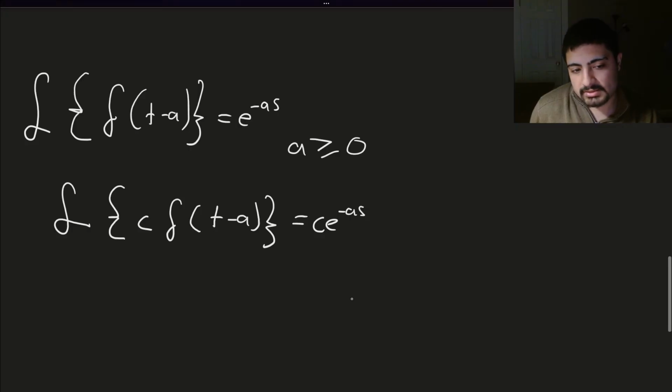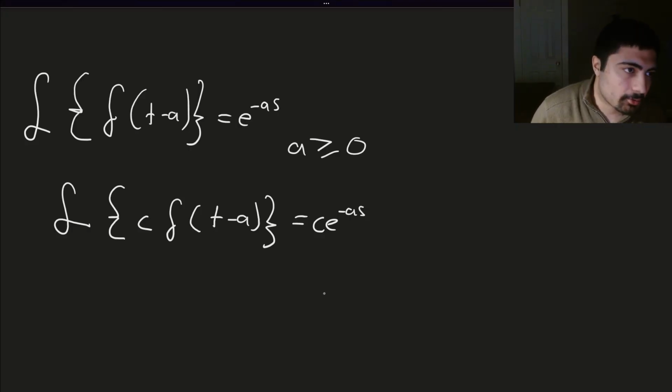Well, since this Laplace is an integral, guys, if we're multiplying a constant with another function, we can pull the constant out of the integral. Do not forget that Laplace is actually an integral. It's not magic we're doing here. It's just an integral defined by a set of rules. So when we have a constant, we can just pull out that constant and take the Laplace of the Dirac delta function.